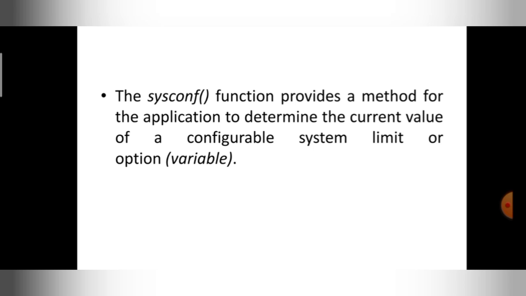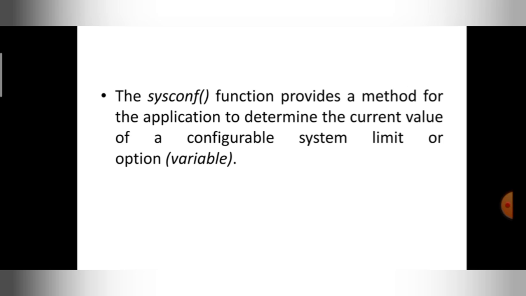The sysconf function provides a method for the application to determine the current value of a configurable system limit or option. In simple words, sysconf lets you determine the value of a limit, the value you have set.